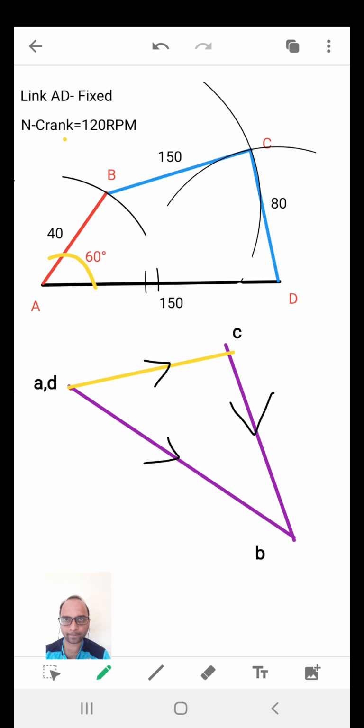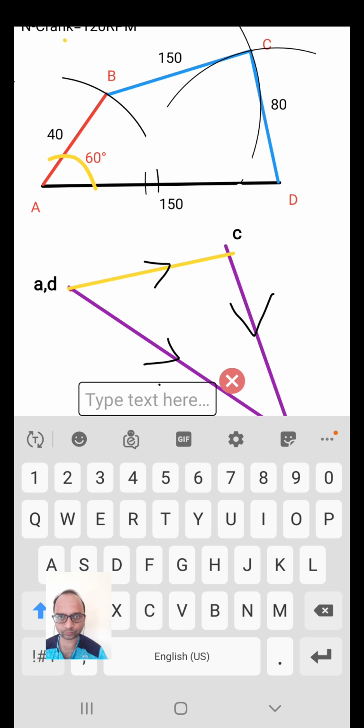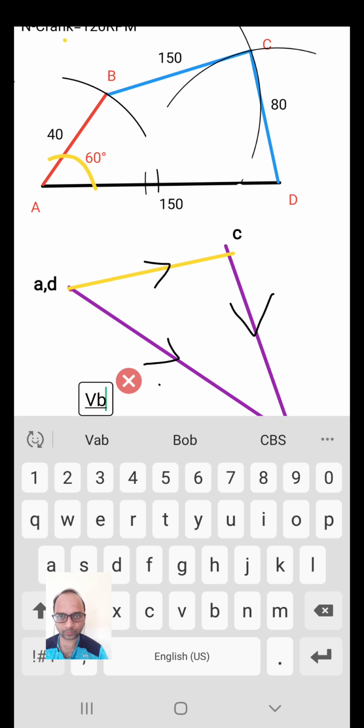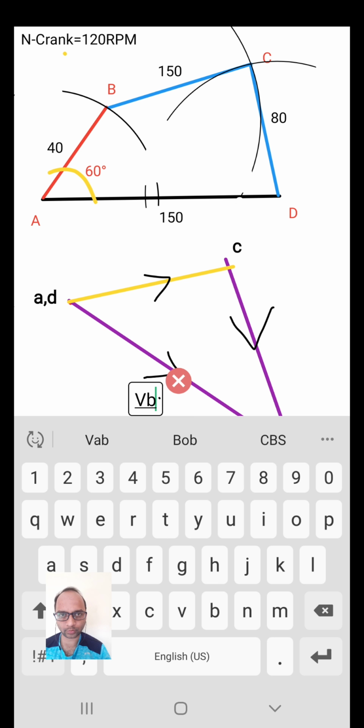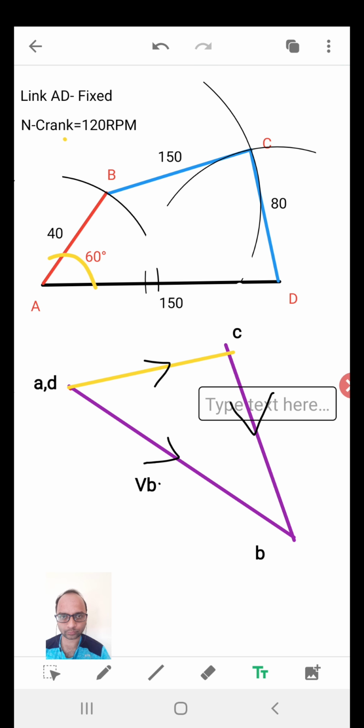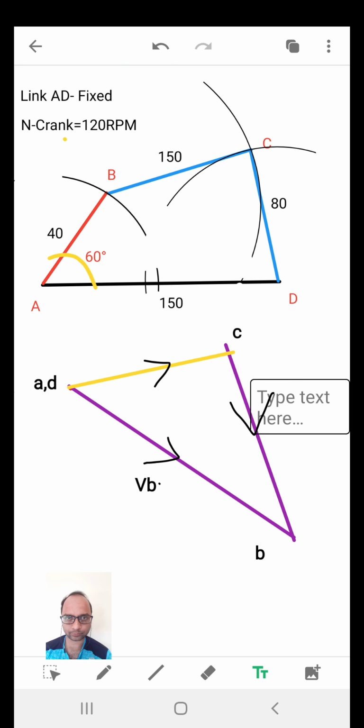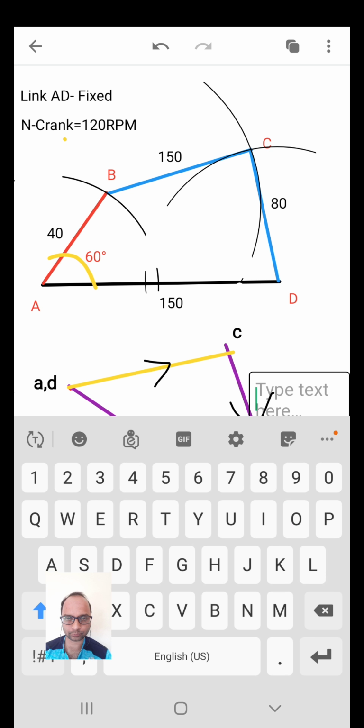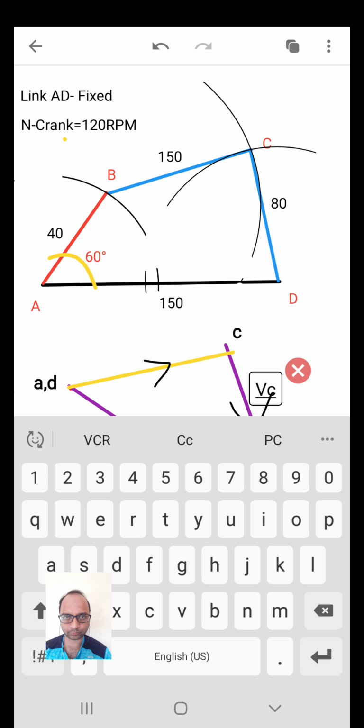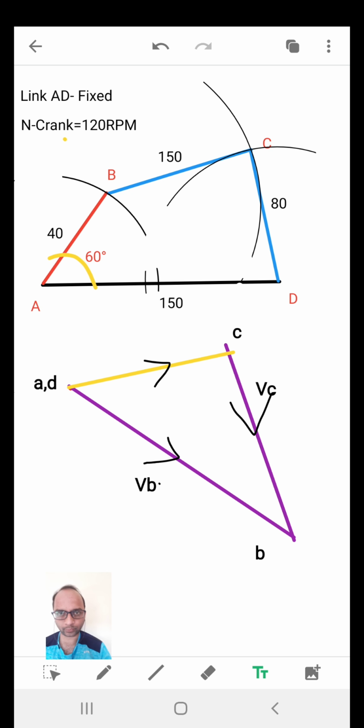This is VB, V suffix B. This is VC. This is VD.